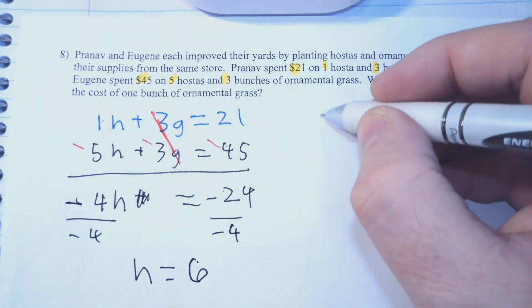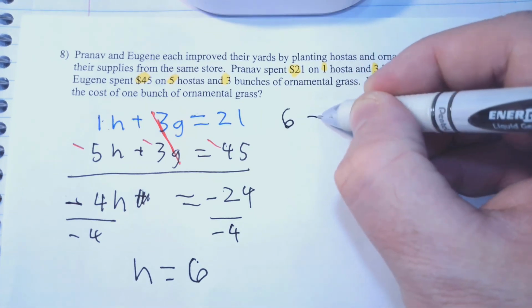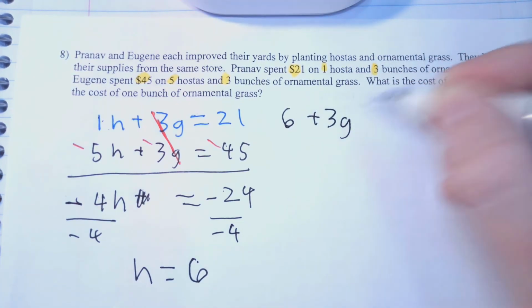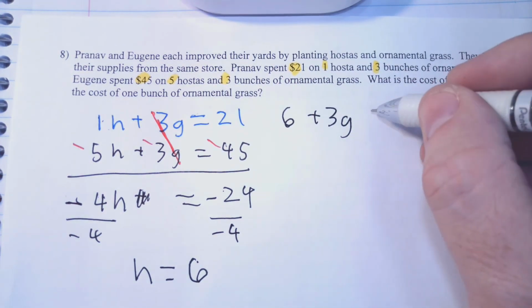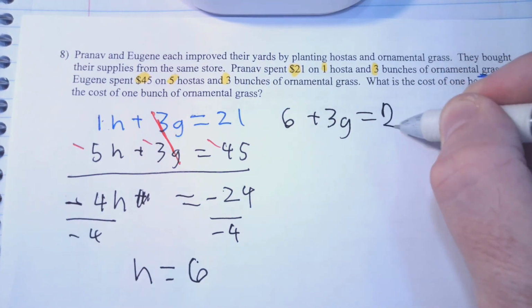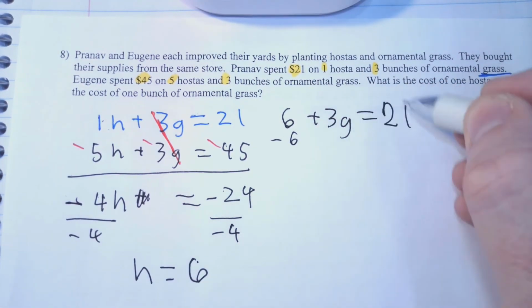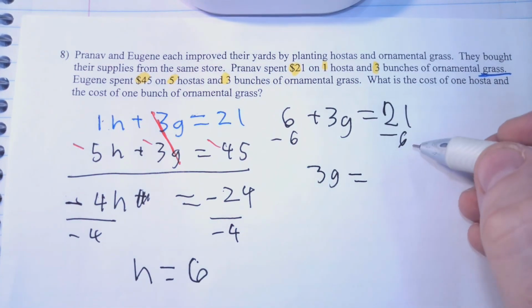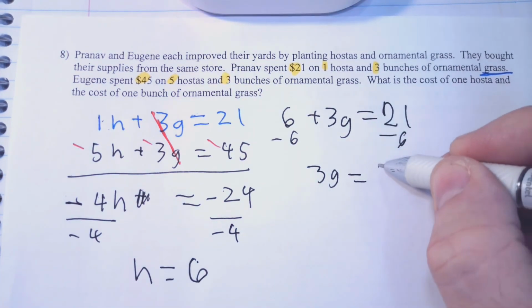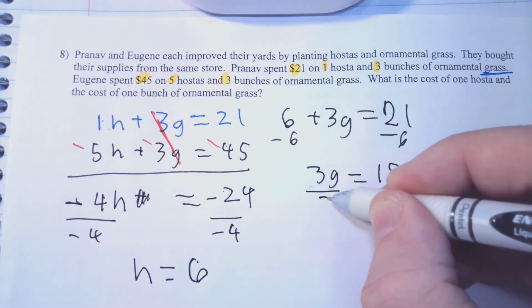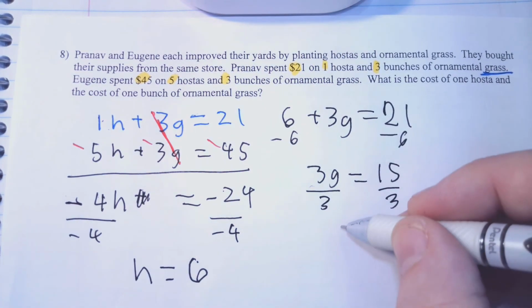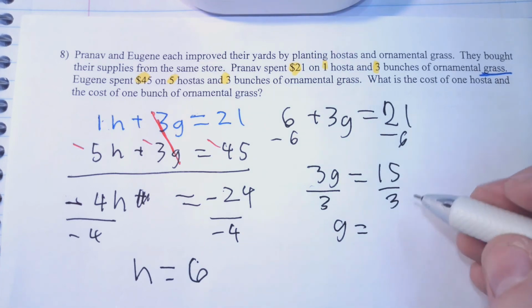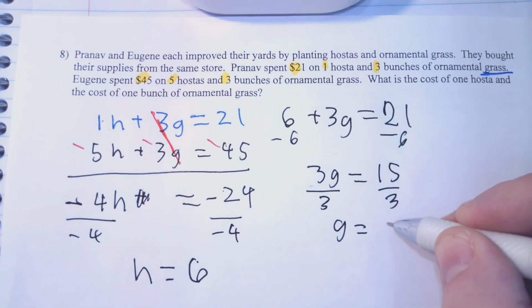Okay, so I'm going to go back up here to use this line, $6 plus 3 bunches of ornamental grass equals 21. Minus 6, 3G equals, well, what is that, 15? So the grass bunches cost 5.